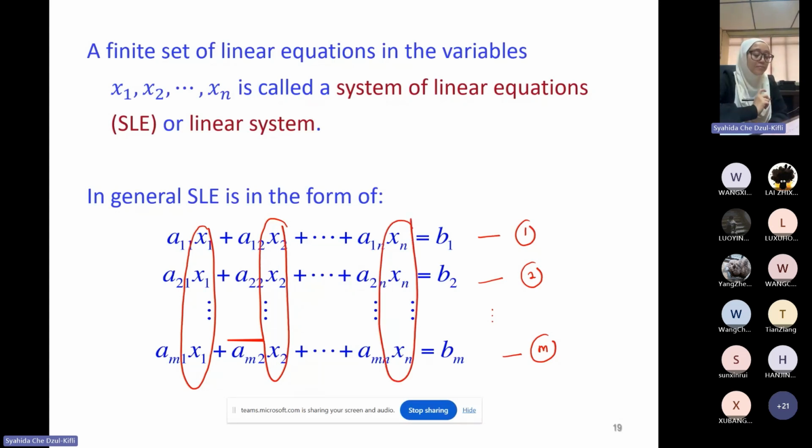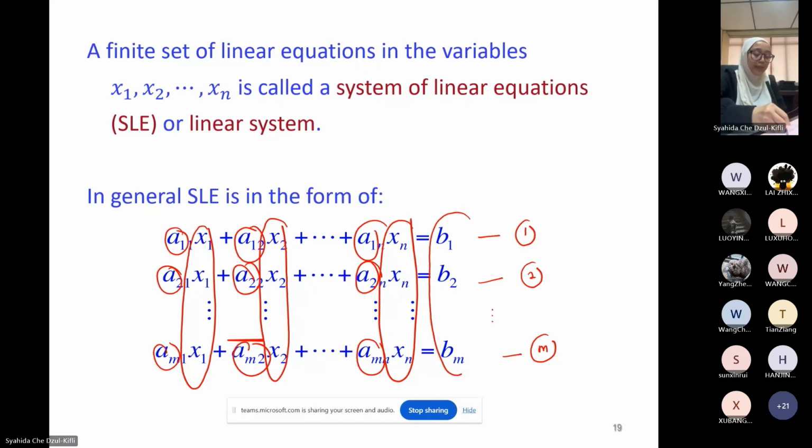Therefore, there are n variables. And the values here, we call them coefficients of the corresponding variable. The values of these coefficients can be zero or any real numbers. The same goes for the constant at the right hand side. It can be zero or any real number.